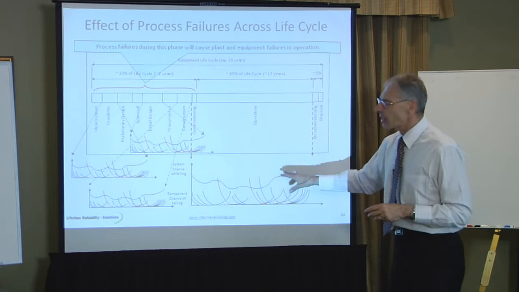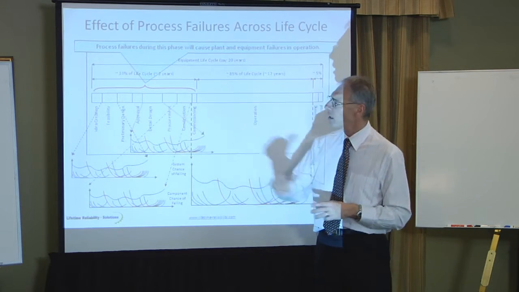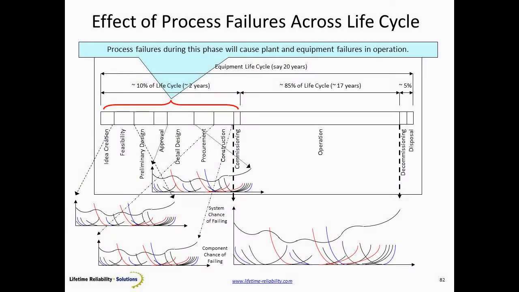So I create my failures in the future because of my bad choices at the beginning. And if I don't have a process to maximise the value of those choices, then I will, by the nature of human beings, have 35% of my future failures because of the design process selections. That's been that figure for a long, long time now.